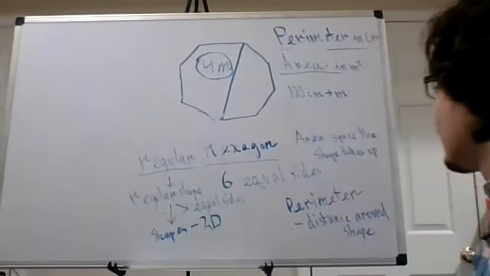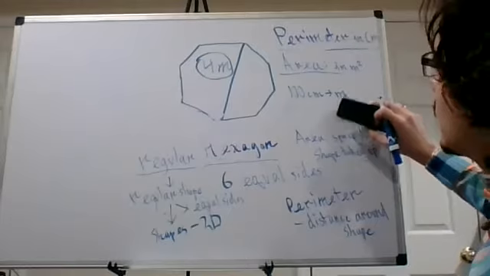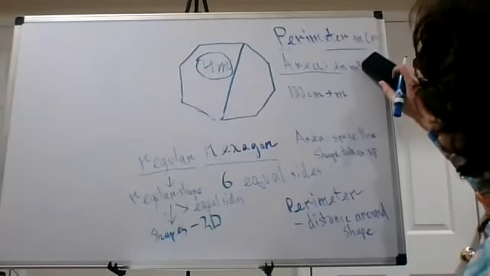Okay, good. We know what area is, and we know what perimeter is, and we know that area should be in meters squared.